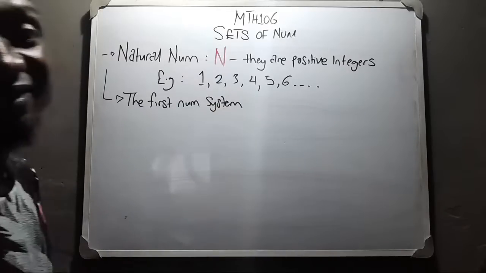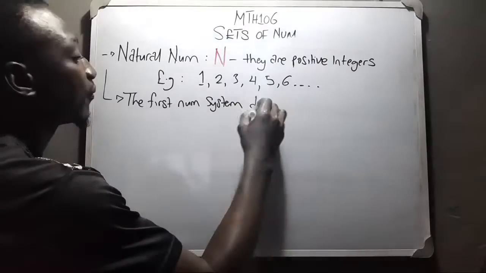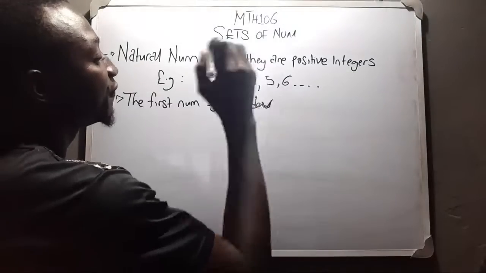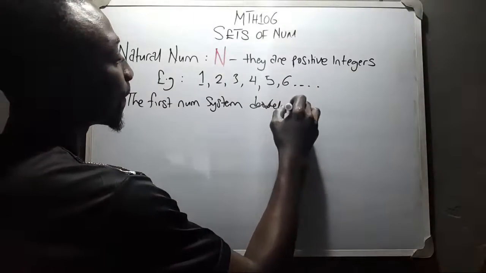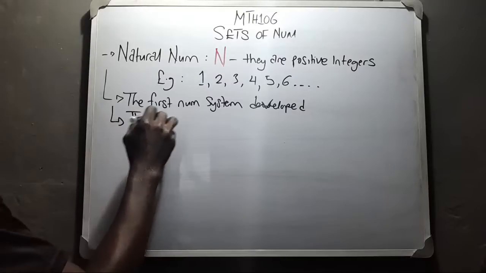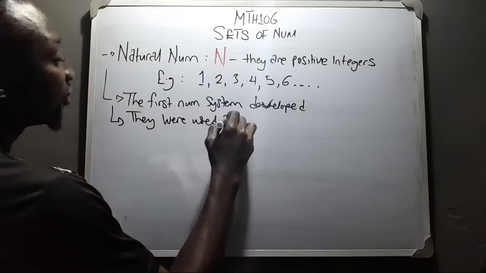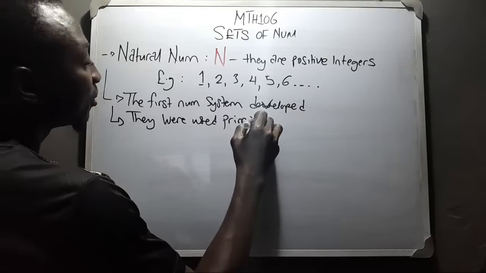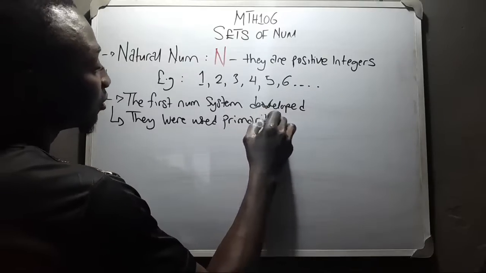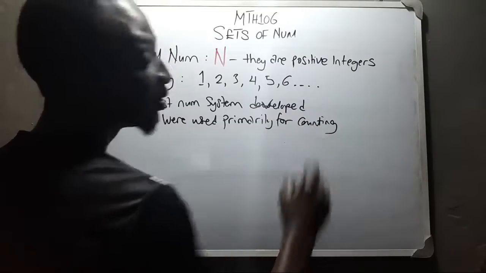The first number system developed. At a certain time they were used primarily for counting.